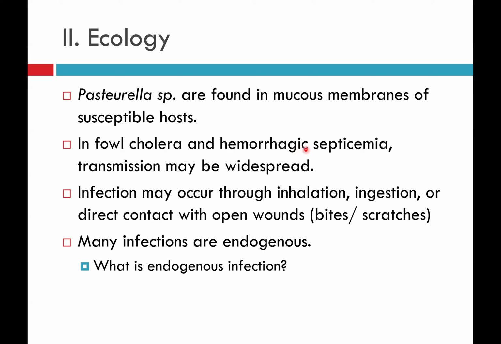No, so here in Philippines, we had an epidemic of hemorrhagic septicemia where it killed a very high population of our carabaos, no, Philippine carabao, and so this is an important disease, no, here in the Philippines.